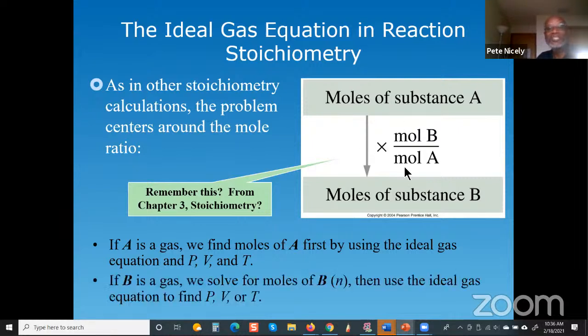And then after using the mole ratio to find the moles of the other substance, then based on what the question is asking for, we can use the ideal gas equation to find either the pressure, the volume, or the temperature, right? So most of the stoichiometric gas problems that we'll be looking at after this would involve that kind of combination of the mole ratio along with the ideal gas equation being used, all right?